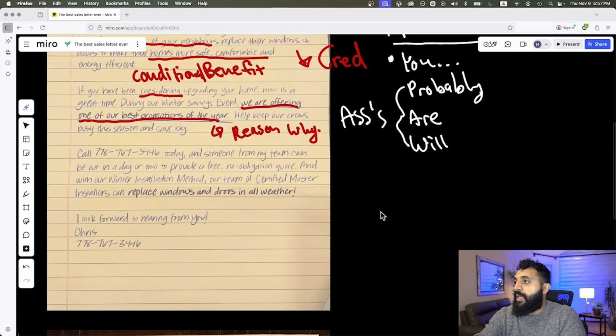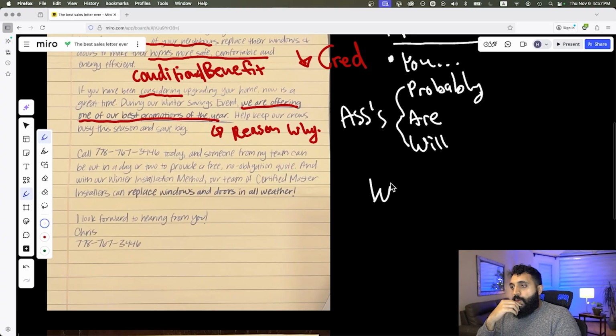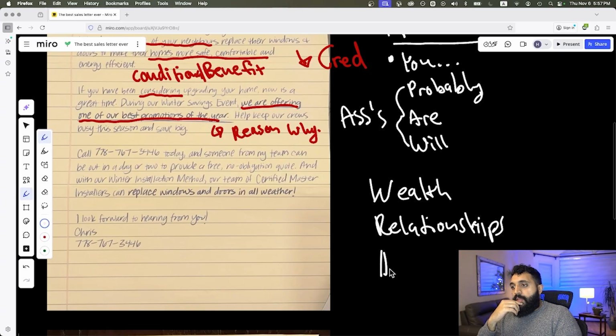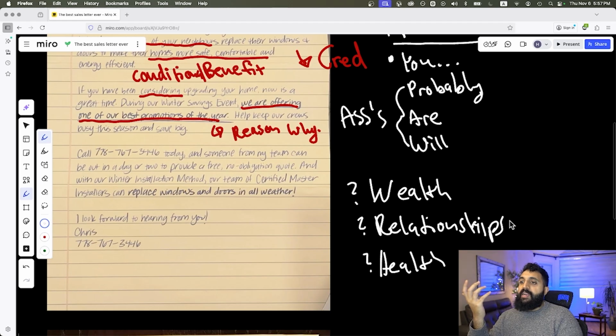The big three are essentially wealth, relationships, and health. These are things that people actively spend time thinking about. Like, I need to make more money. I need to fix my marriage. Oh, I need to get divorced. Or, hey, I need to lose weight. Whatever it is, they actively sit down and think about these things. A window replacement is not something people will sit down to think of.